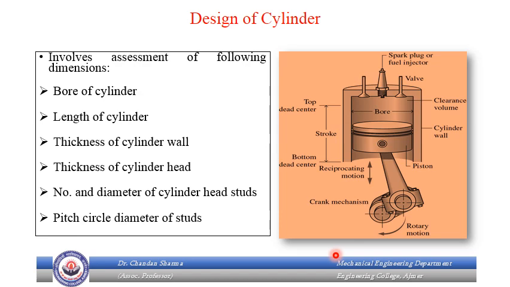So design of cylinder basically involves determining all these dimensions, that is bore of cylinder, length of cylinder, thickness of cylinder wall, thickness of cylinder head, number and diameter of cylinder head studs, and pitch circle diameter of studs. Now in the upcoming slides, we would like to discuss all of these parameters one by one and how they can be assessed using design equations.